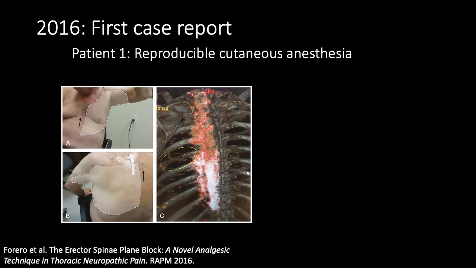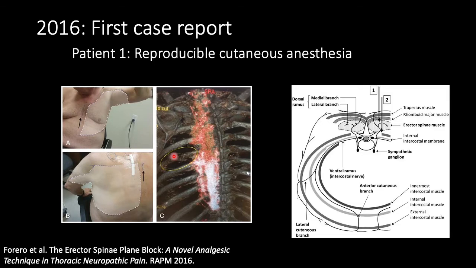And they got a series of injections superficial to the erector spinae muscle near their site of pain. And you can see that they included dye in the injection, and this is a CT image of the dye spread. And they had reproducible cutaneous anesthesia covering the chest wall in the front and the back, and improvement of their pain.